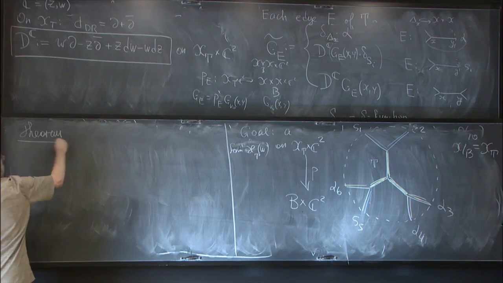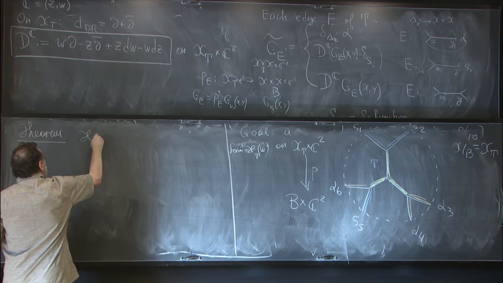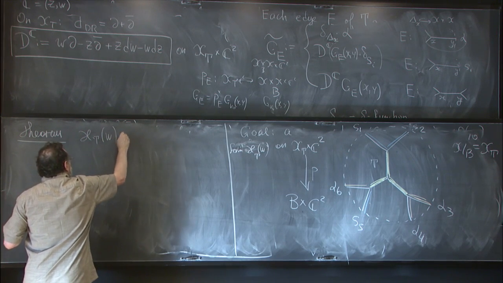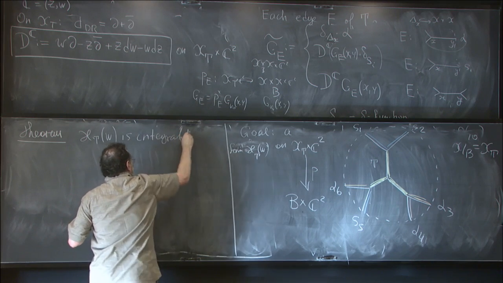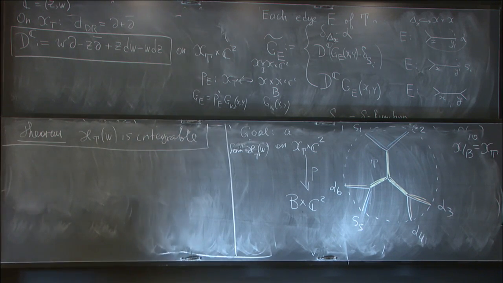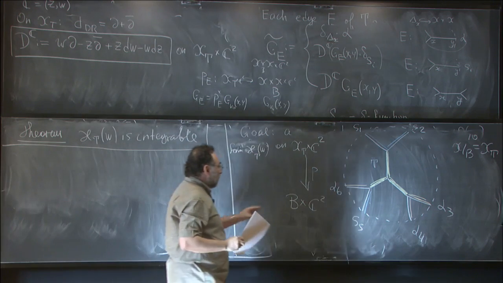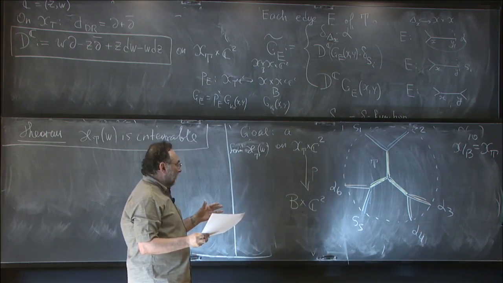This is, in a sense, one of the key steps in the proof, and this is not at all obvious. The statement is that the kappa T of W is integrable. It's a non-trivial fact, not at all trivial, because you work with forms with singularities over the diagonal. Then you start multiplying them. It's already a little illegal.